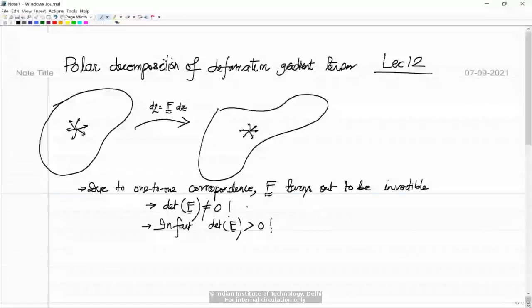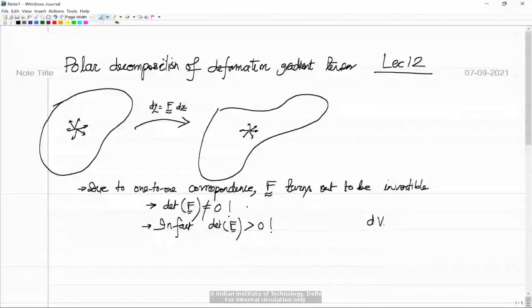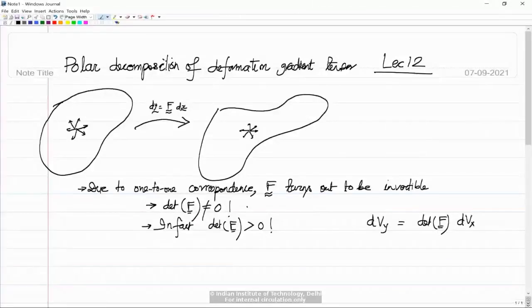For example, you can recall that when we worked out the volumetric change, we saw that dvy, the deformed volume, is equal to det F times dvx, the undeformed volume, with x and y denoting the two configurations. Now, suppose that det F is less than 0, then what will happen?